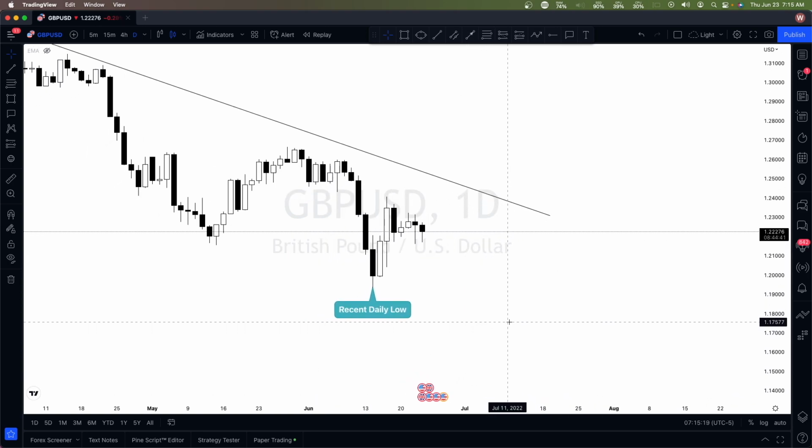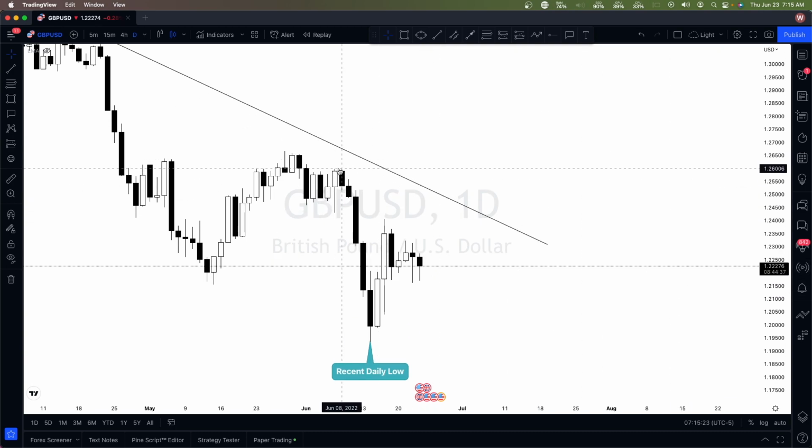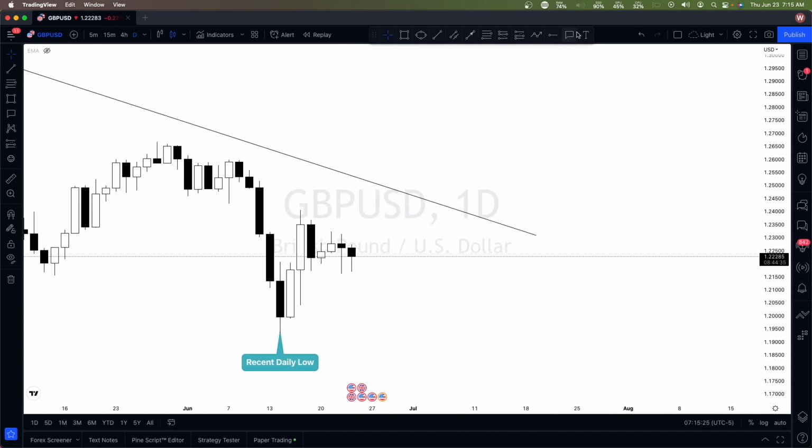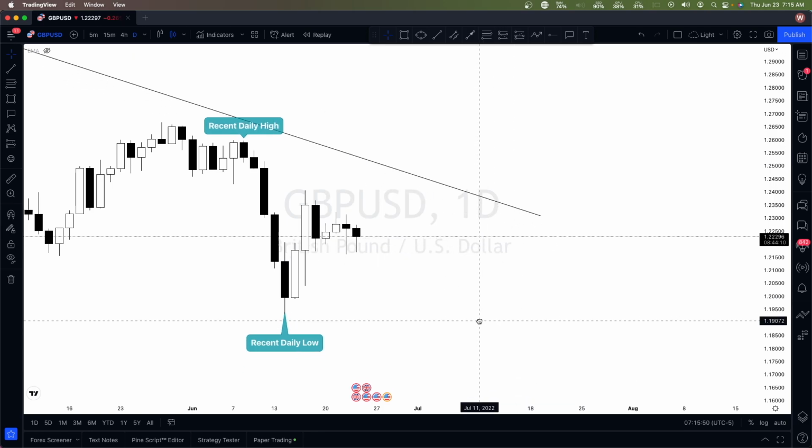And our recent high is up here. This is almost the recent high. I can't type. All right, recent daily high, recent daily low.